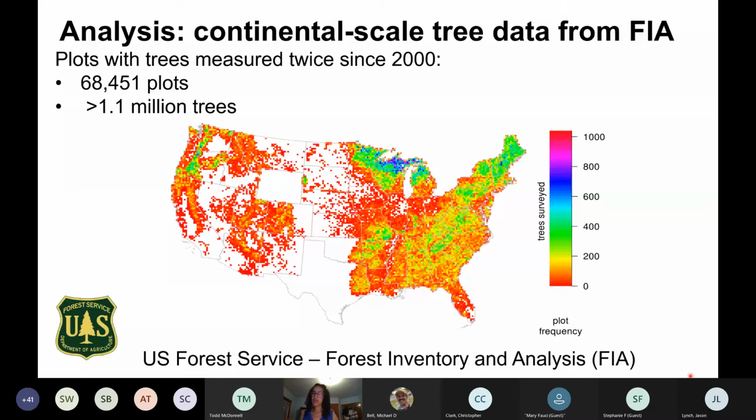And the structure of the FIA plots are based on a grid across the country. And it's the same grid that's used for the lichen analysis, for those of you who saw that last month. And basically, this data set is really as good as it gets for assessing forest responses to environmental gradients in the US. So in other words, what we're presenting is the current state of the art.